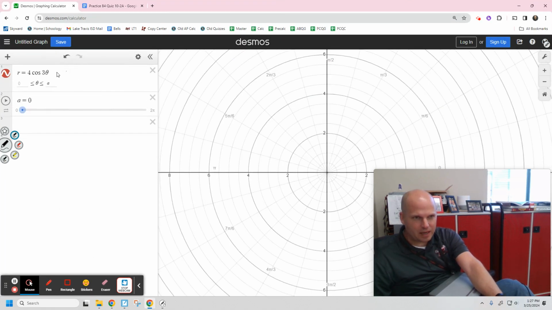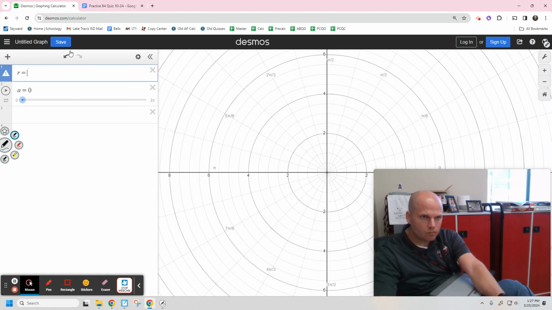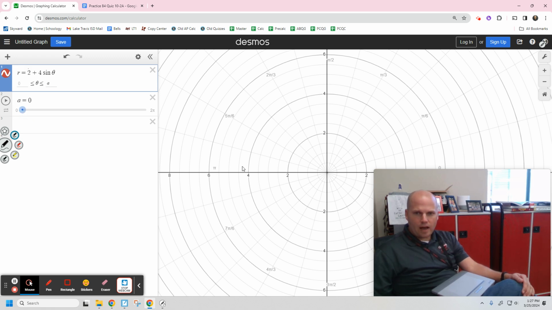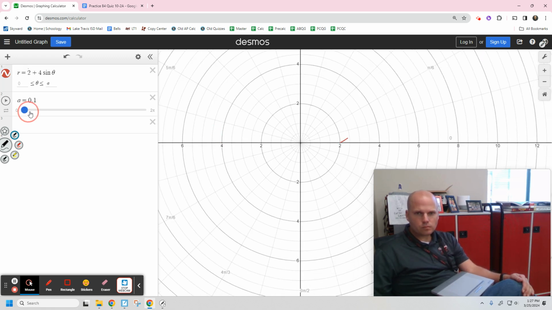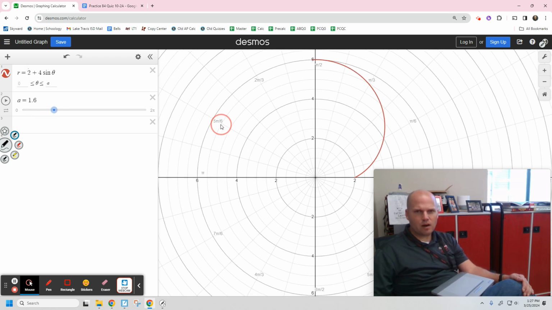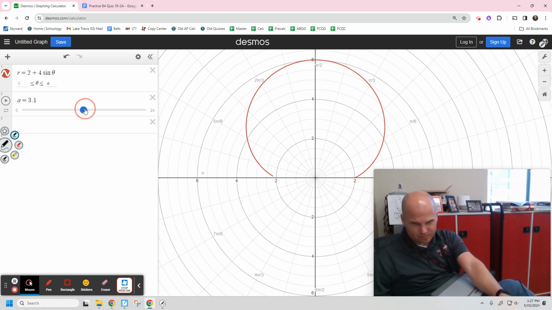Now, let's think about that. We're going around, starting at a radius of 2 when theta is 0. We go around to pi over 2. We're going to have a radius of 6. Cool. We get to pi.